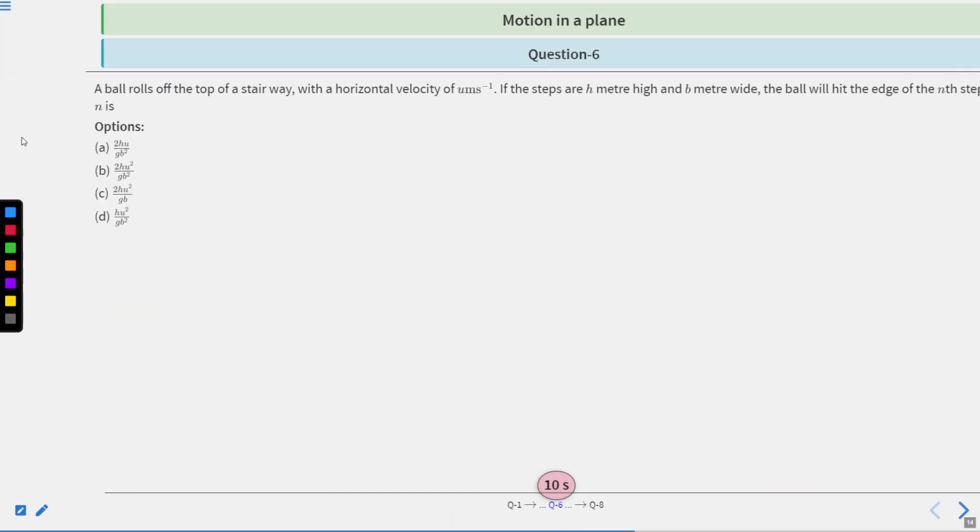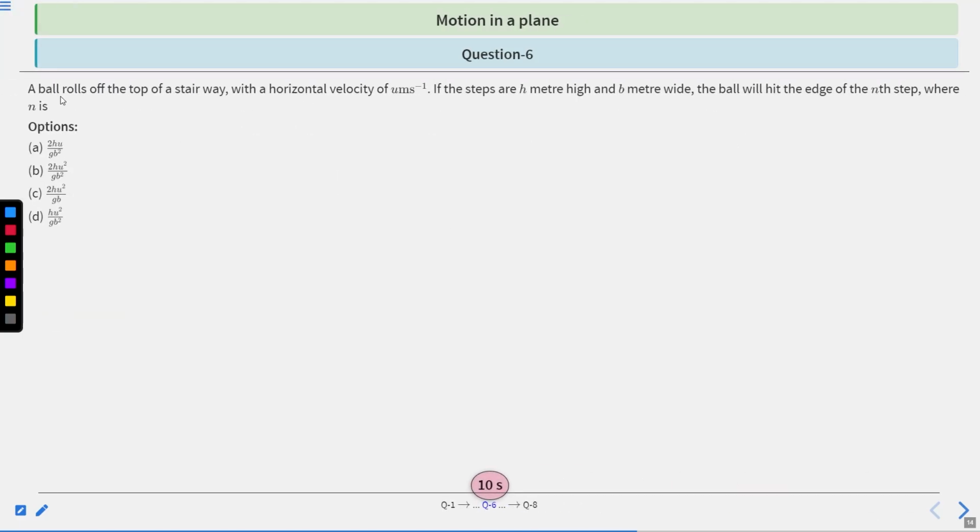Next question, sixth question. A ball rolls off the top of a stairway with a horizontal velocity of u meter per second. This is the horizontal velocity u meter per second. If the steps are h meter high and b meter wide, the ball will hit the edge of the nth step, where n is what?